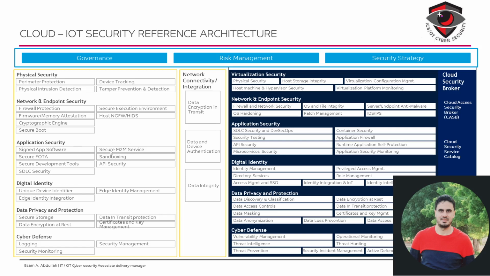Application security as well, which is relevant to IoT devices: signed app software, secure FOTA, secure development tools, SDLC security as well as a cycle. Then sandboxing, API security, and digital identity: unique device identifier, edge identity integration, edge identity management, data privacy and protection as well, and the cyber defense, which is logging, security monitoring, and security management.